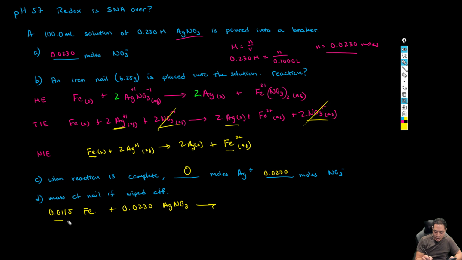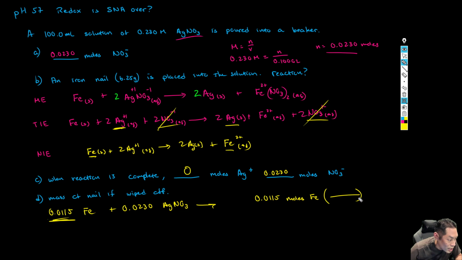Well, if I need this many moles, I can figure out the mass of that. I'm going to consume 0.0115 moles of iron, and I could figure out the mass by multiplying by the molar mass. So we need to pull out the periodic table. I'm going to look at my cheat sheet.